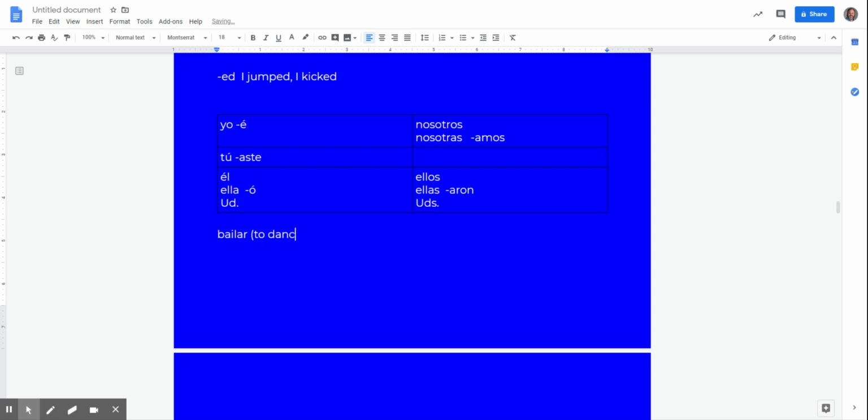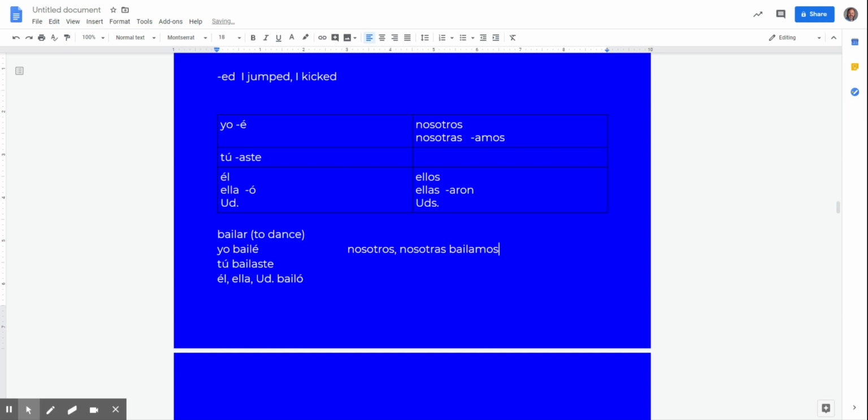Everyone remembers to dance. If I conjugated this, yo bailé, tú bailaste, él, ella, usted bailó. Notice I'm putting the accent on the o, bailó. Then you say nosotros and nosotras bailamos.